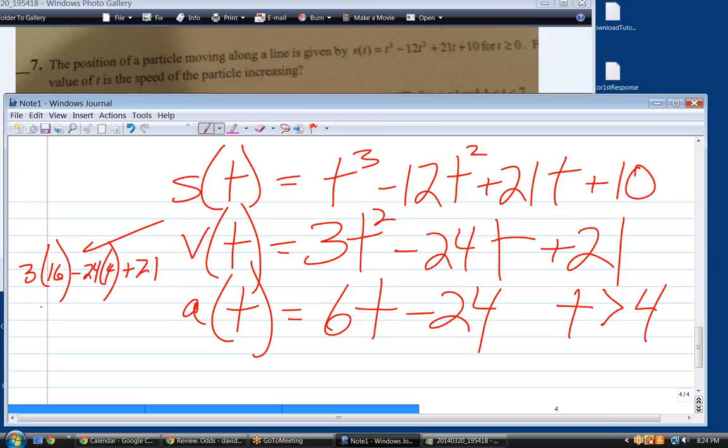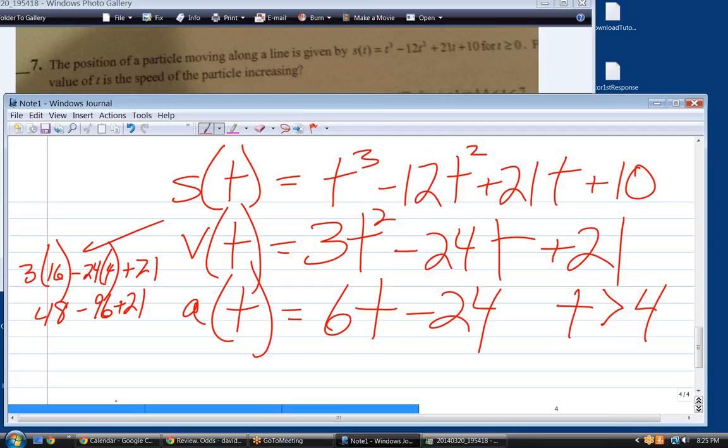So that is a negative number. That is, I think, 48 minus 96 plus 21. So the velocity is negative at t equal to 4. So t greater than 4 does not give us a plus-plus situation. It gives us a plus-minus.